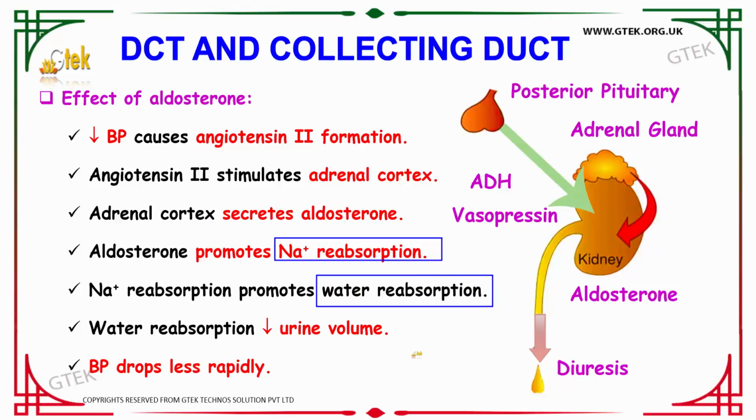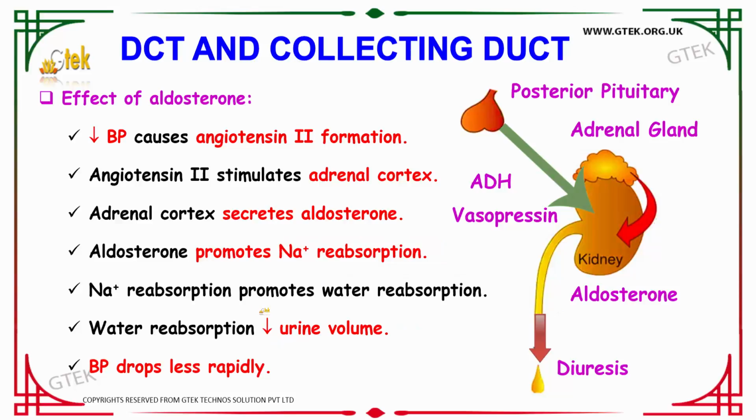So once your water reabsorption increases, the urine volume that is generated will turn to be low. And this causes your BP to drop less rapidly.